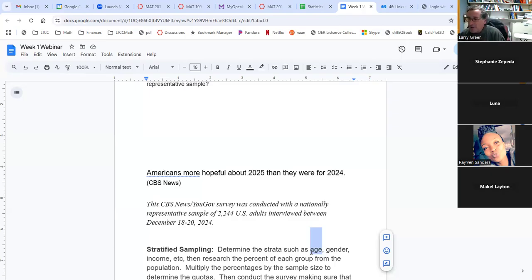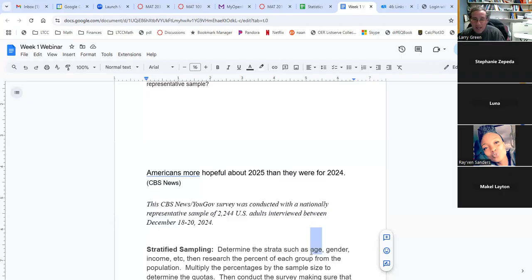And then what you do is you make sure that the proportion of people that you survey in each of the age groups is equal to the proportion of the age groups in America. And that makes it nationally representative. Any questions on that?